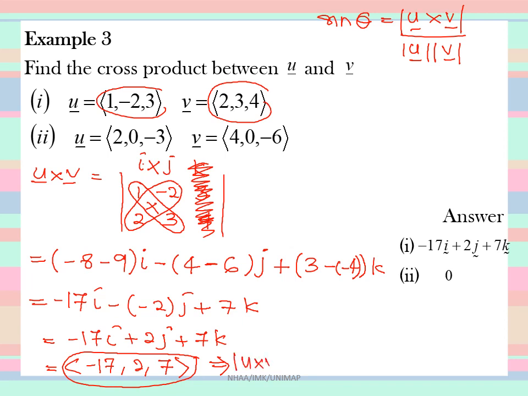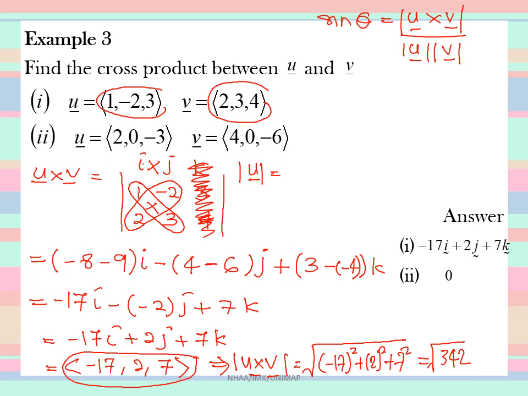The magnitude of u cross v is the square root of minus 17 squared plus 2 squared plus 7 squared, which gives the square root of 342. Then find the magnitude of vector u: square root of 1 plus 4 plus 9, which is square root of 14.